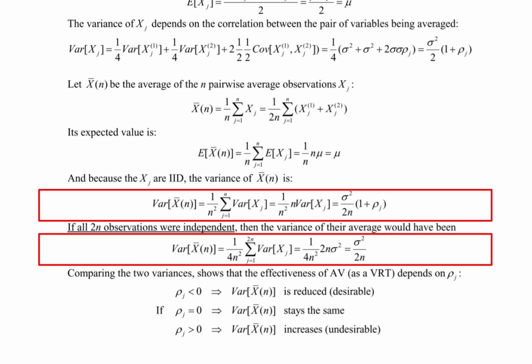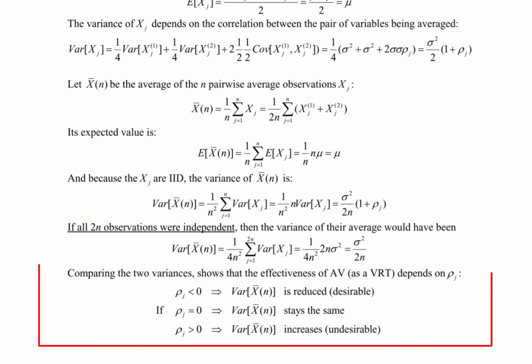From here we can reach some obvious conclusions. If we compare the two variances, we can see that the effectiveness of antithetic variates depends on rho. If rho is less than 0, that is, if we induce negative correlation in the pair of samples, then the variance of the average is reduced, which is desirable.